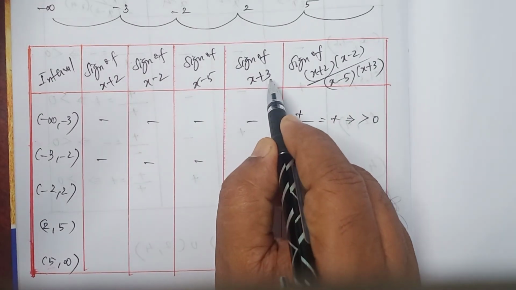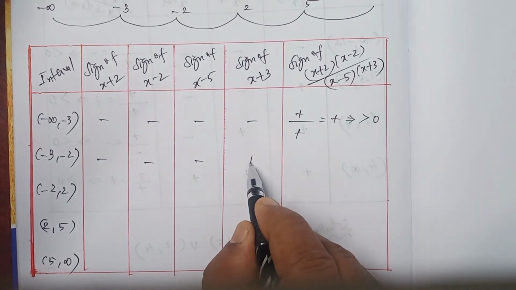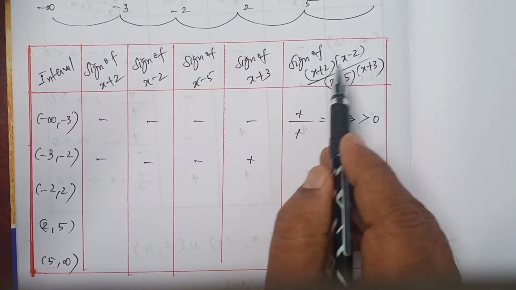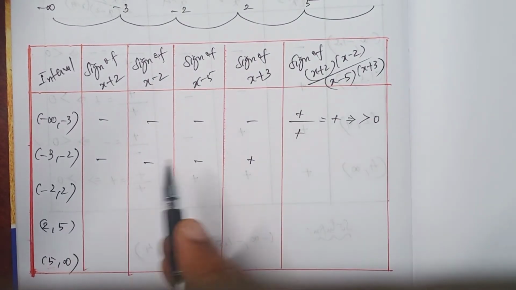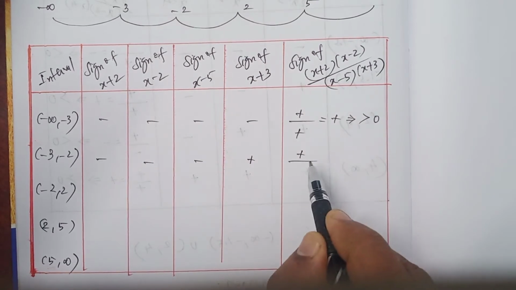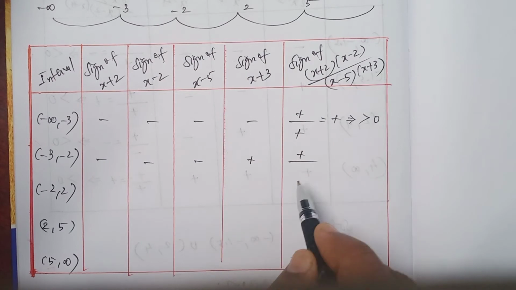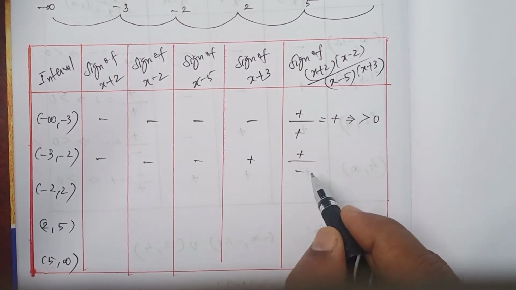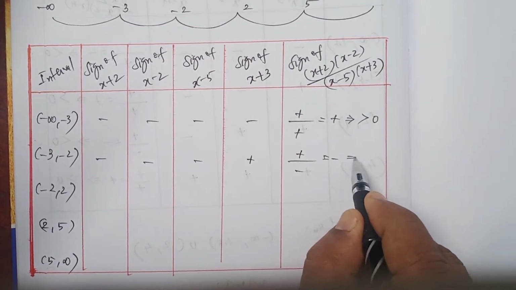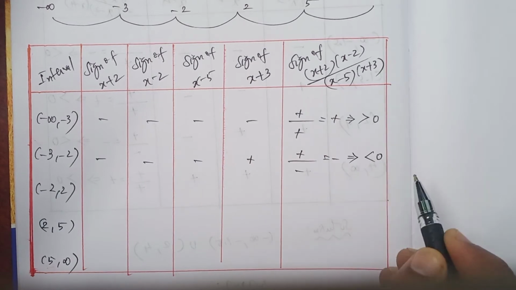Minus 2.5 plus 3 is 0.5, positive. Now the product of the first two, minus into minus, is plus, divided by the product of x minus 5 and x plus 3, minus into plus, is negative. Positive by negative is negative. Negative means less than 0.